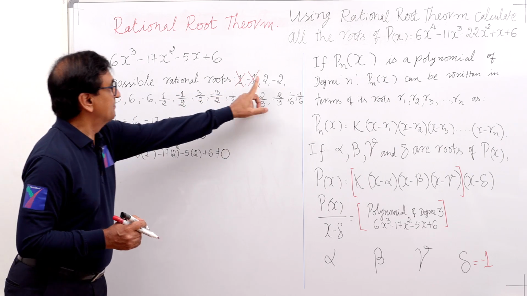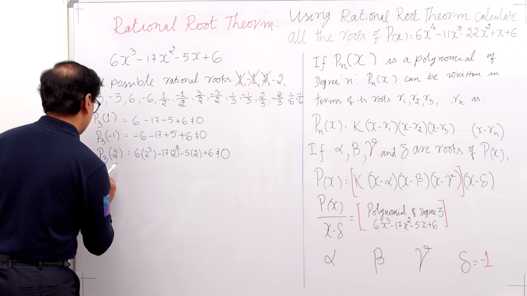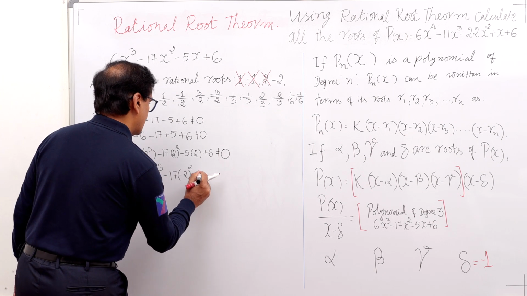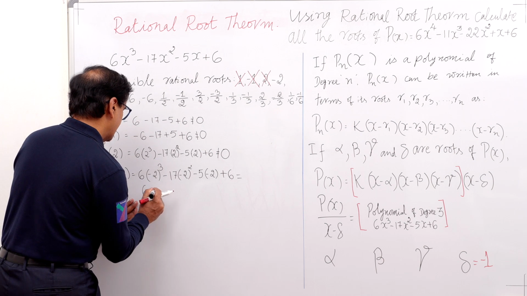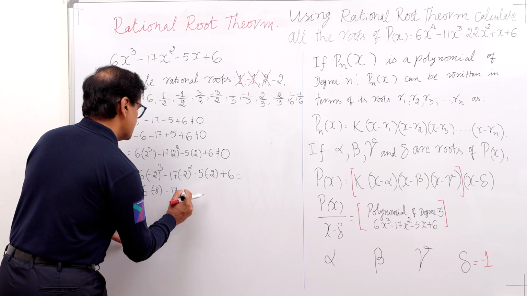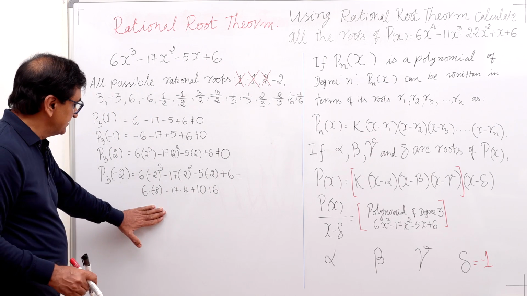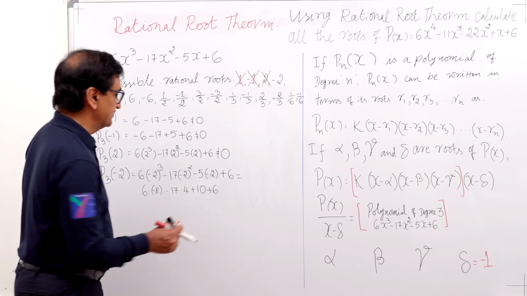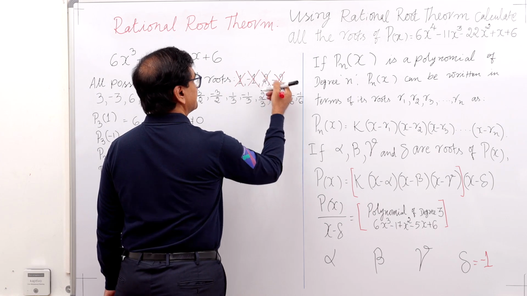So 2 is also not a root. Let's apply minus 2. Minus 2 cube is minus 8. So 6 multiplied by minus 8 minus 17. So minus 48 minus 68 plus 10 plus 6 definitely not equal to 0. Therefore, minus 2 is also not a root.